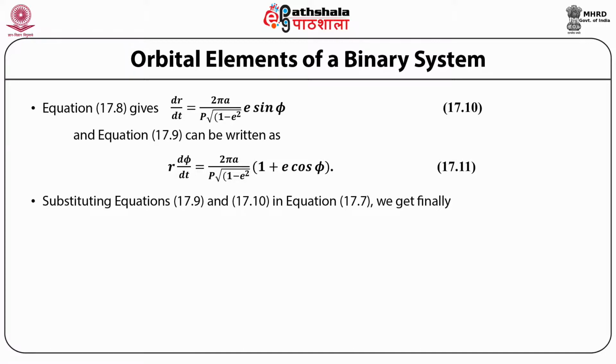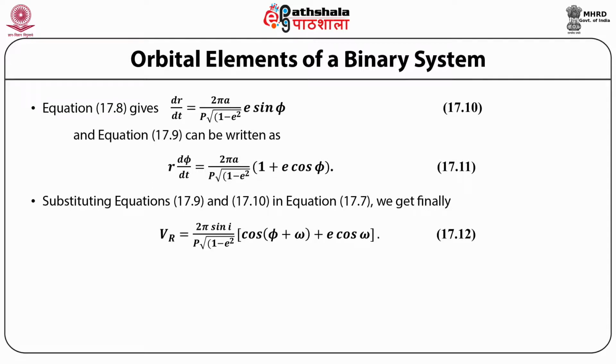Now, putting the values of dr by dt and the product r dphi by dt in the equation of Vr, we get Vr equal to 2 pi a sin I by P multiplied by root of 1 minus e squared multiplied by cos(phi plus omega) plus e cos omega.